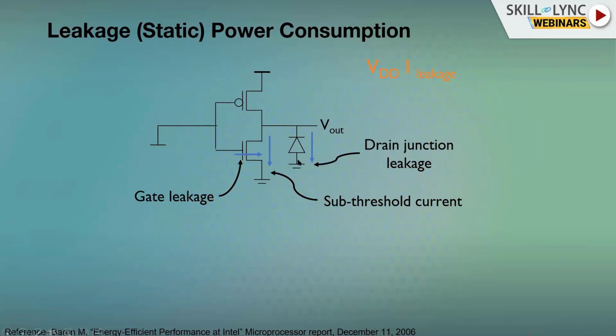And there is one more current called reverse bias current: when you have a reverse bias across these two, there will be a reverse bias current. So totally, this is coming from four key parameters: drain, sub-threshold, gate leakage, and reverse bias.